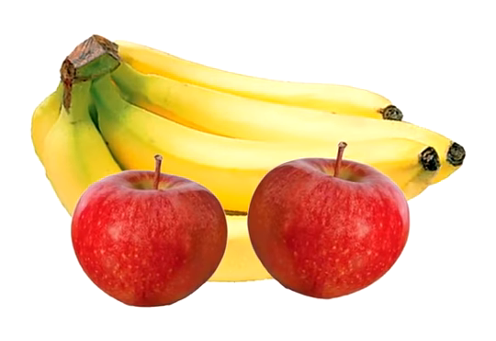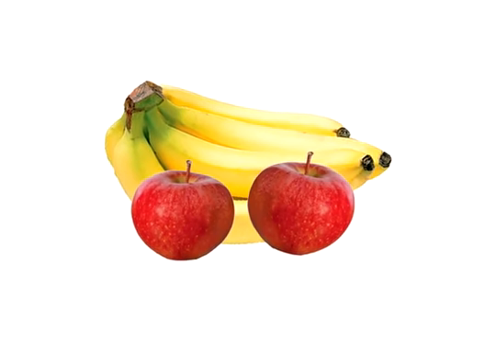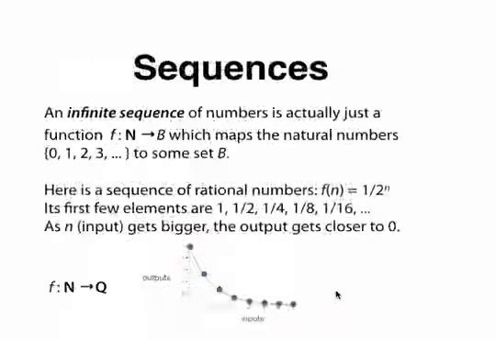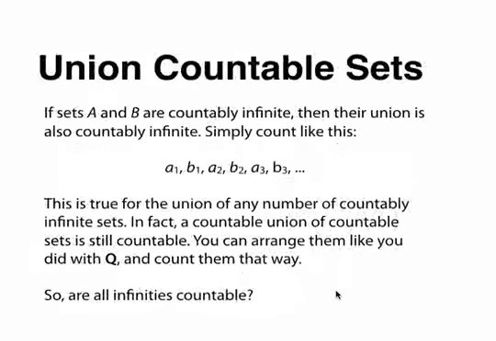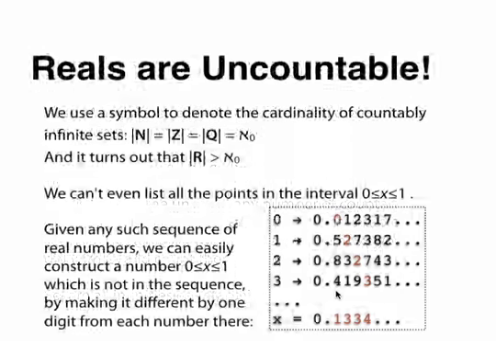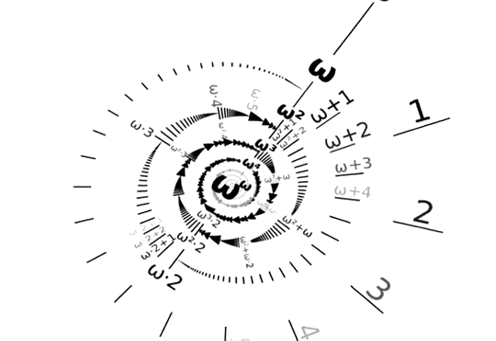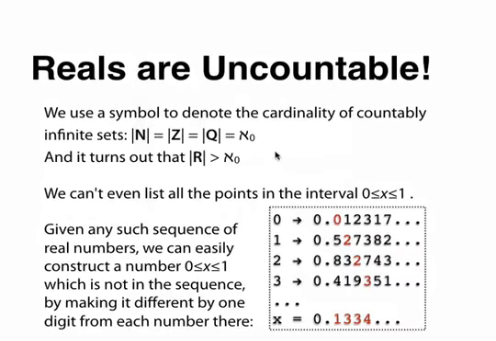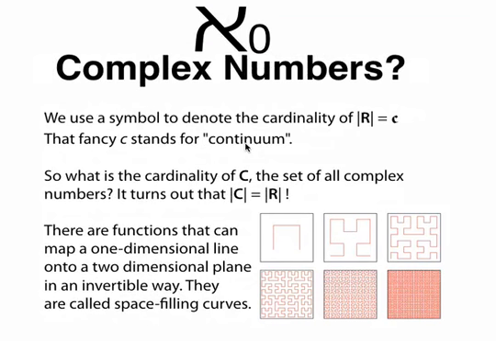There's simply more bananas than there are apples. That was in the finite world, and for the first time we see that in the infinite world. So there are levels of infinity. The real numbers are simply more numerous. So if the countable infinity is called aleph null, the next level of infinity we call aleph 1.